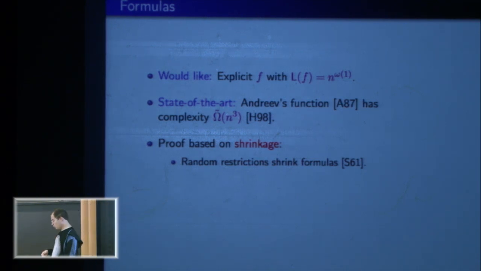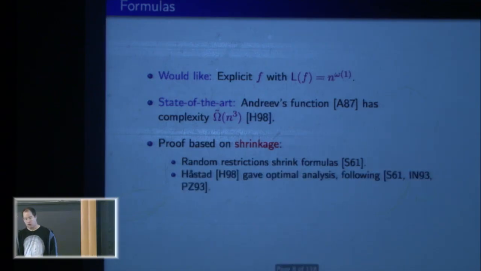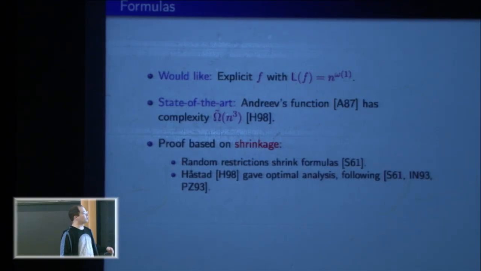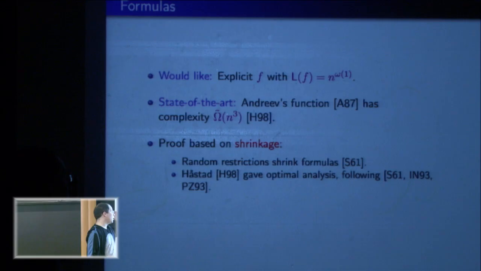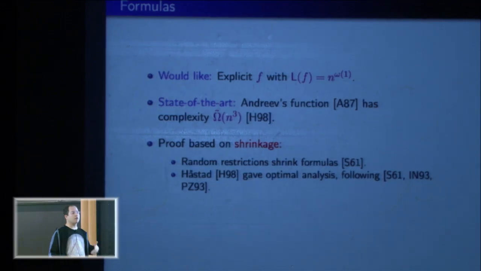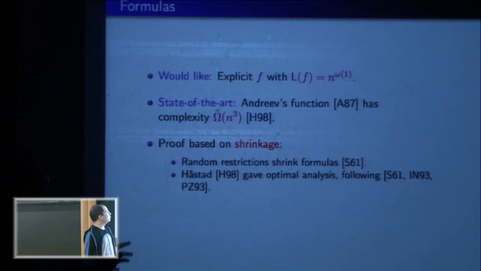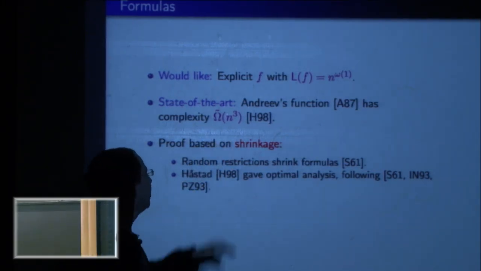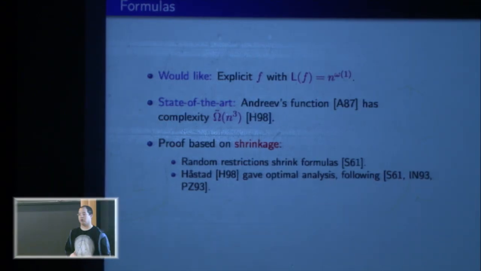And it turns out that we can turn this observation into circuit lower bounds. This observation is originally due to Subbotovskaya, and then there was a sequence of works trying to figure out what is the right amount of shrinkage that's going on. And Hastad proved this lower bound by giving an optimal bound on the shrinkage.